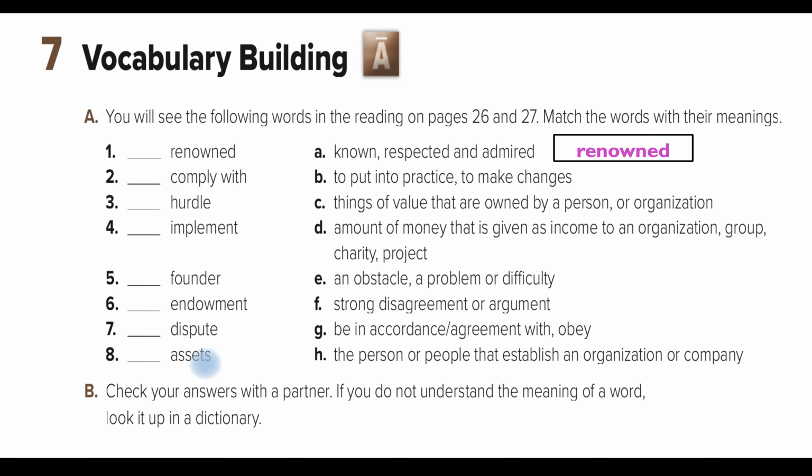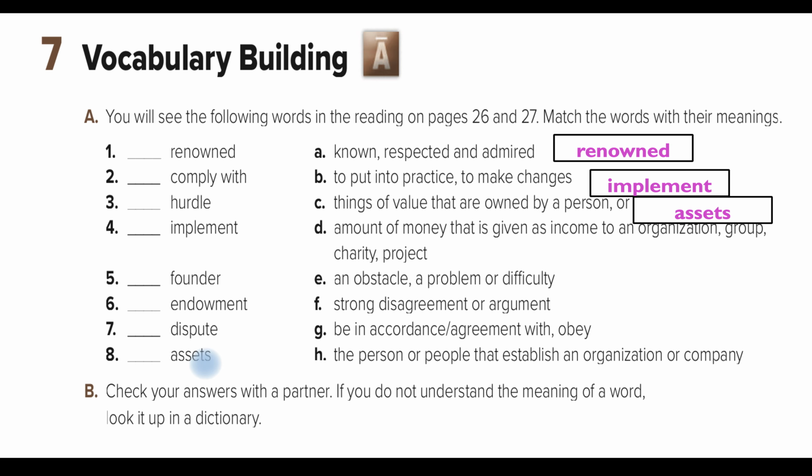Yes, known or respected and admired. To put into practice or to make changes is to implement. Valuable things that are owned by a person or an organization are assets.